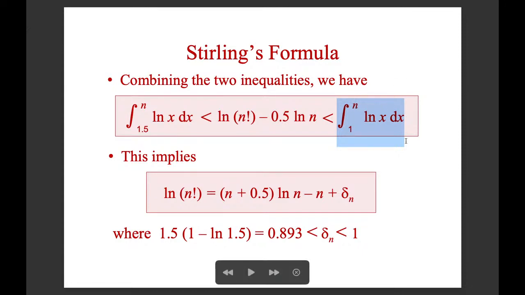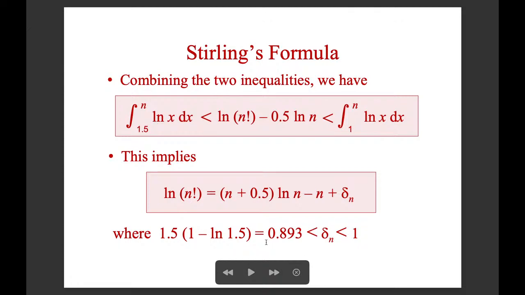So once we solve this, then we get something like this. So we have a bound for log n factorial, and we have a term delta n here, which is not known. But we know that this delta n is less than 1 and greater than 0.893, coming from this part and this part. We have a 1 here, we have a 1.5 here.